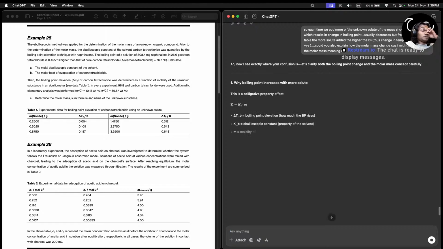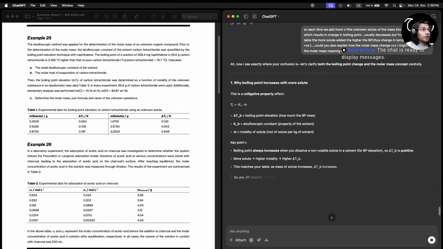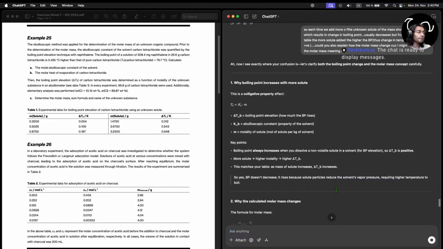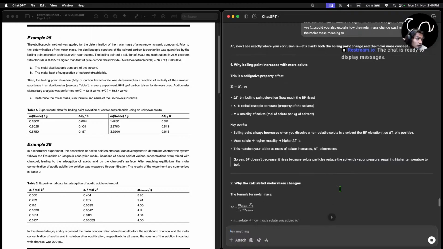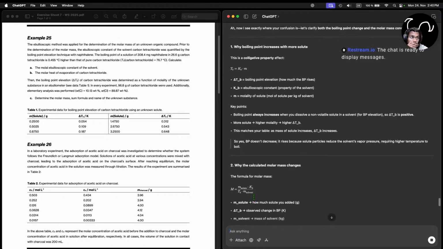Why does the boiling point increase with more solute? This is a colligative property. Boiling point always increases when you dissolve a non-volatile solute. It rises because solute particles reduce the solvent's vapor pressure, requiring a higher temperature to boil. Okay. Now, why does the calculated molar mass change, the formula of molar mass?